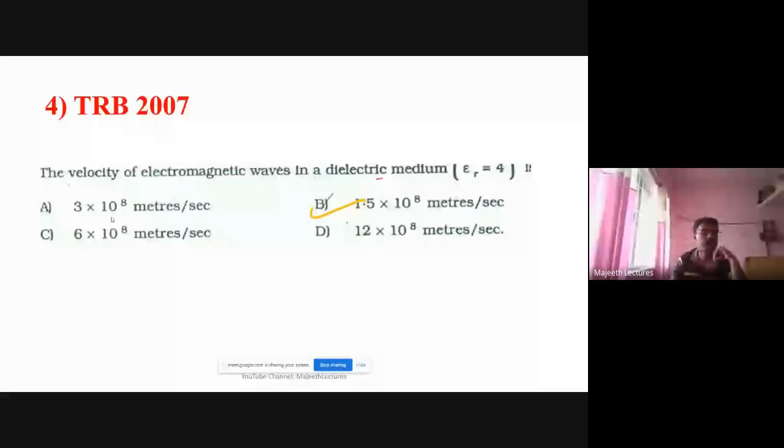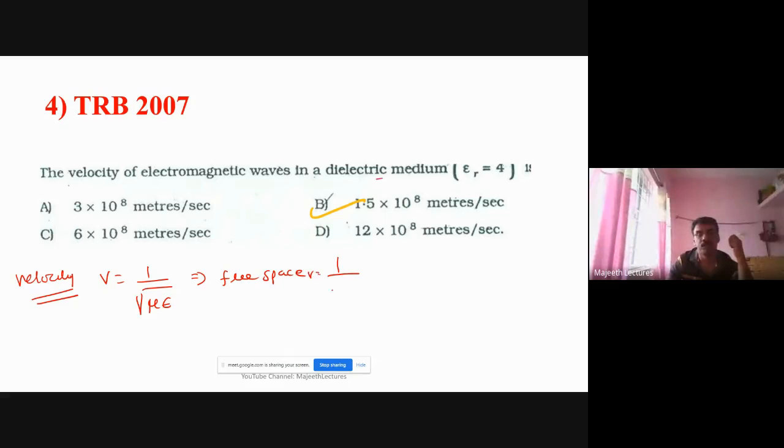Okay. The next thing is the velocity of an EM wave in a dielectric medium. Right? We know velocity is, I forgot to mention, given by 1 by root of mu epsilon. So please note this point also. Velocity is equal to 1 by root of mu epsilon. Right? For free space, what happens?